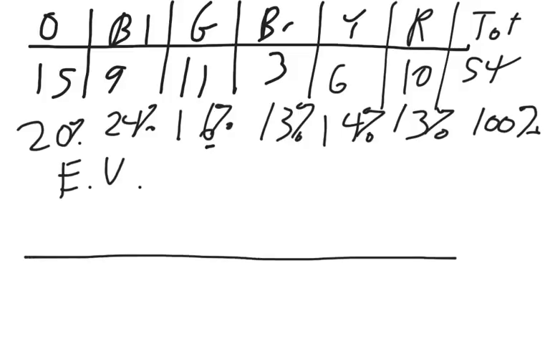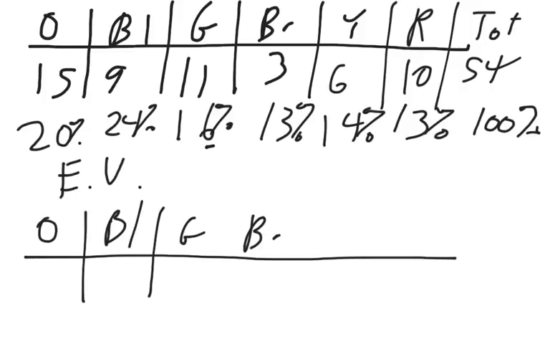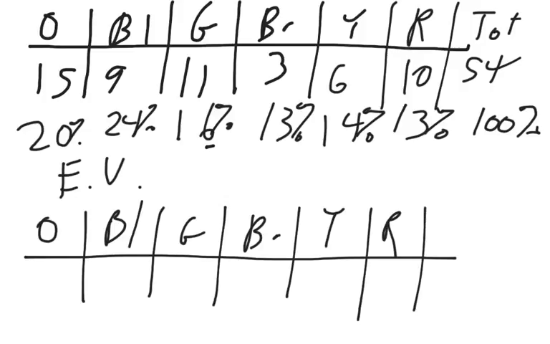So, let's quickly do the expected values. So when I multiply them, so that we can get this all out of the way, and I don't need a total category anymore. So, when I multiplied 54 times 0.2, this turned out to be 10.8.